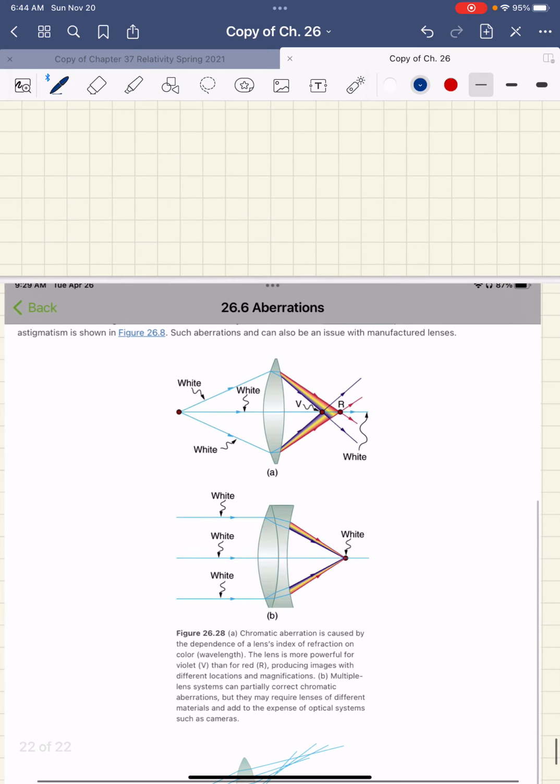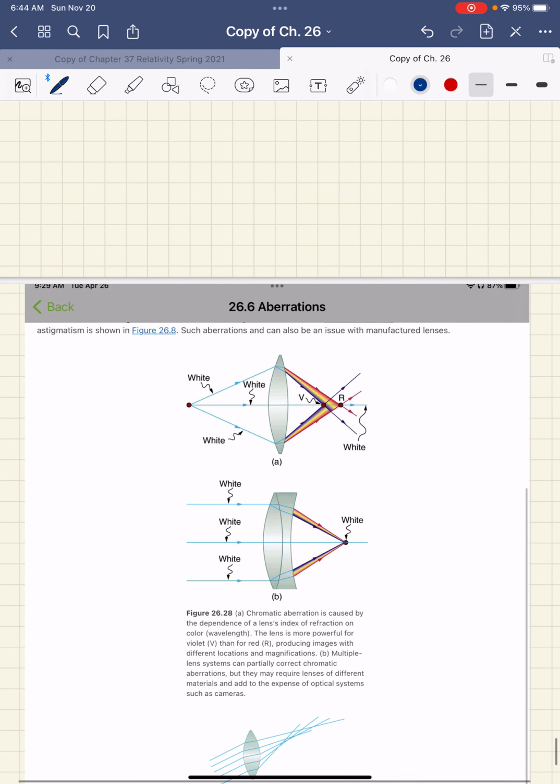Now the last thing we're going to talk about is aberrations, which are kind of defects in lenses. The first one we call the color or chromatic aberration, and that is really caused by the dependence of the lens index of refraction on the color of the light.